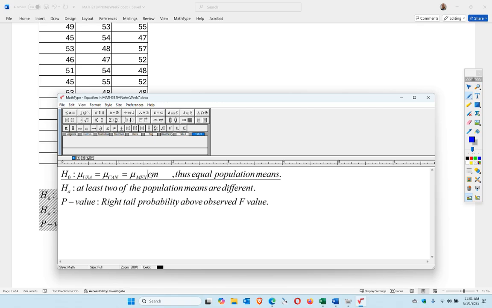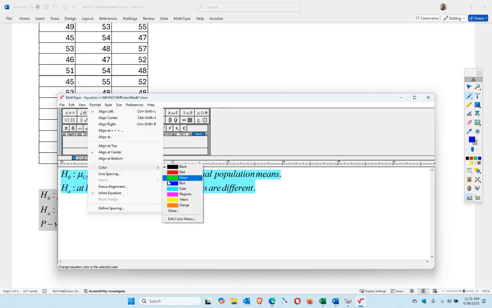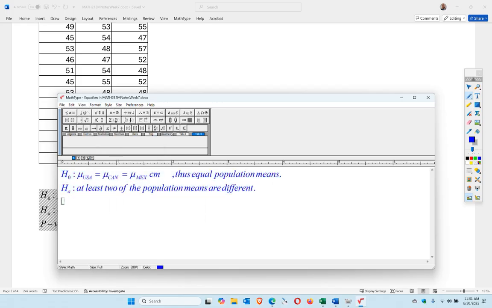The alternative is that at least two of the population means are different. Our answer, obviously, we get rid of this, as to which two are different, or we don't. Well, we're saying they're all the same. So the p-value is greater than alpha, for which we're going to use the default Fisher rule, so do not reject the null hypothesis.